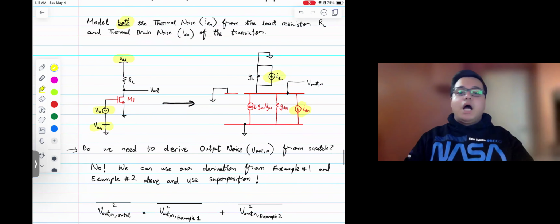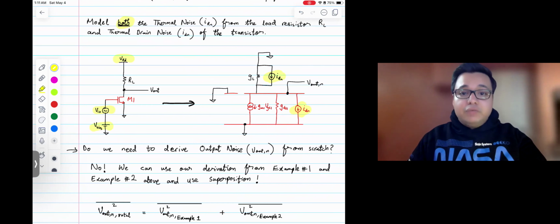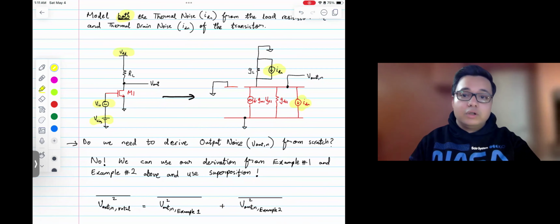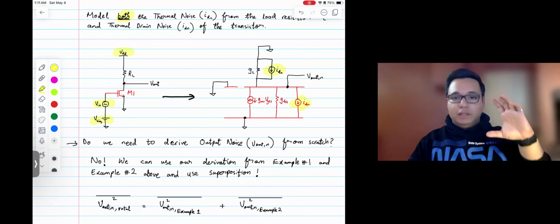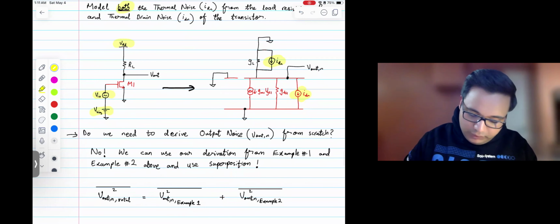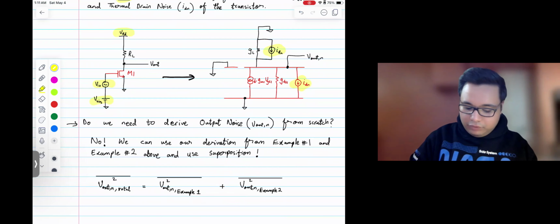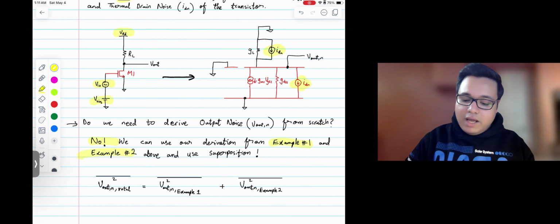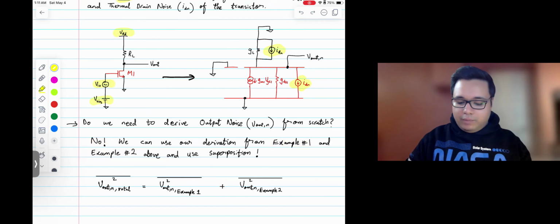We can use our derivation from example 1 and example 2 to find the total output noise contribution due to both the circuit elements, the resistor and the transistor. So yeah, that's exactly what I've written here. Do we need to rederive? No. We can use our derivation from example 1 and example 2, and then we can use superposition.